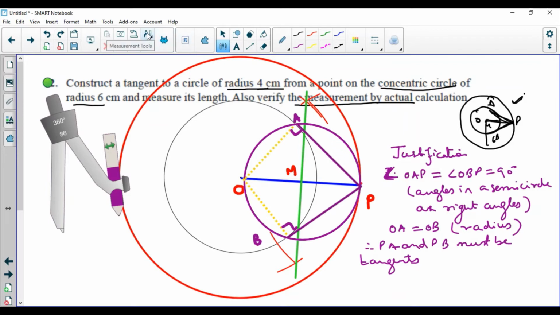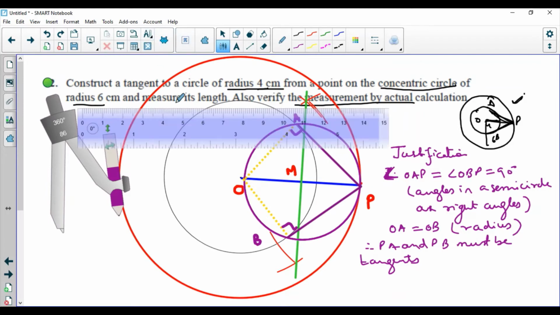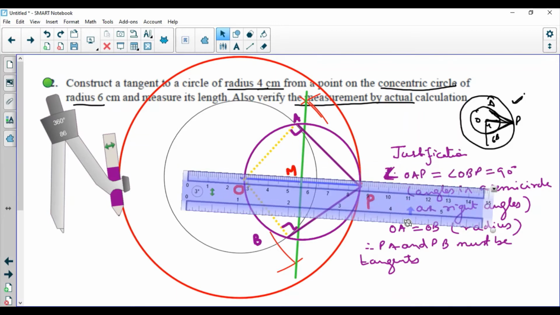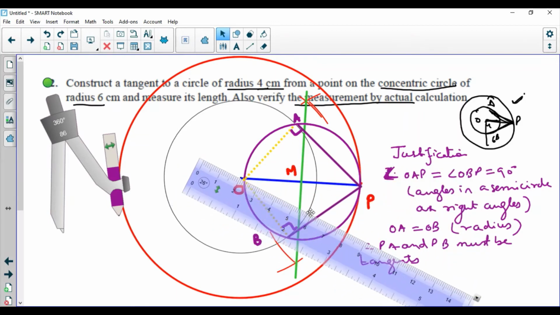So we can verify by direct calculation. Direct calculation means you can use a scale to measure.